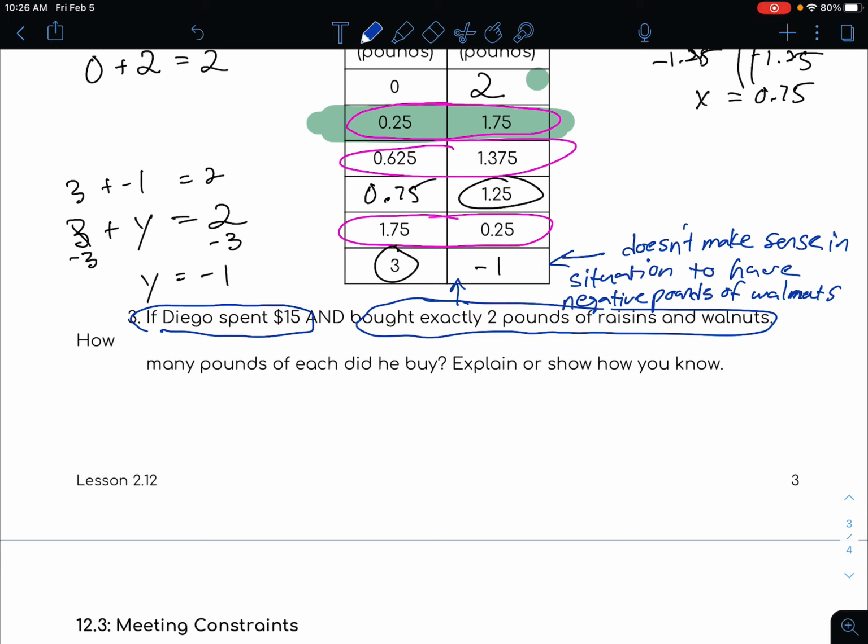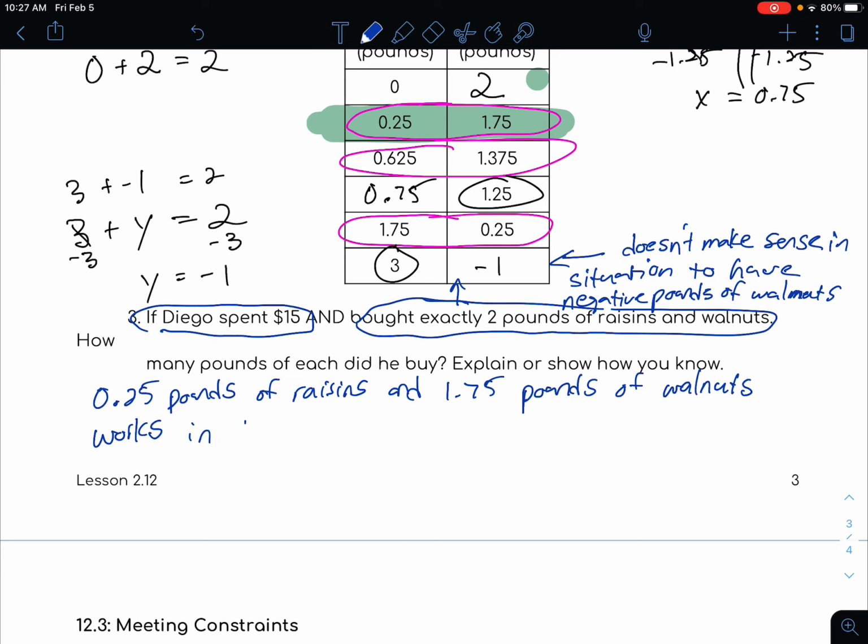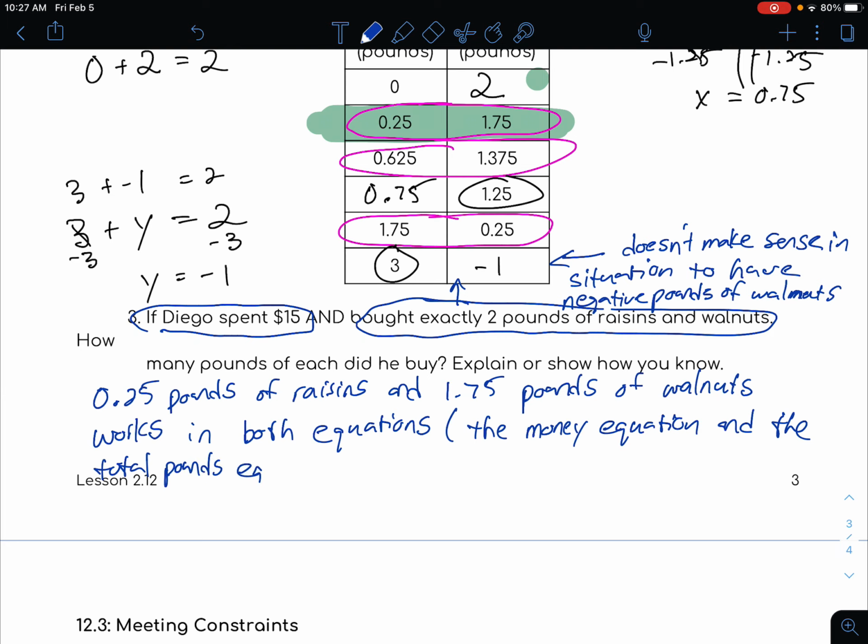All right, so let's write that down. 0.25 pounds of raisins and 1.75 pounds of walnuts works in both equations, the money equation and the total pounds equation.